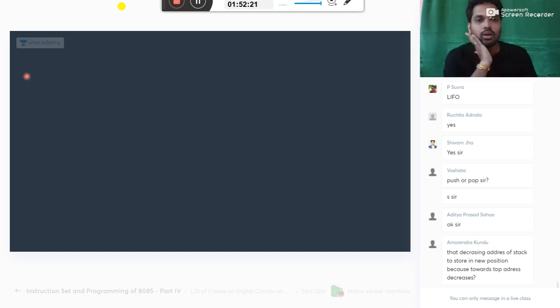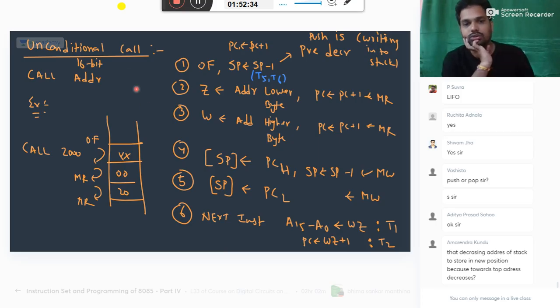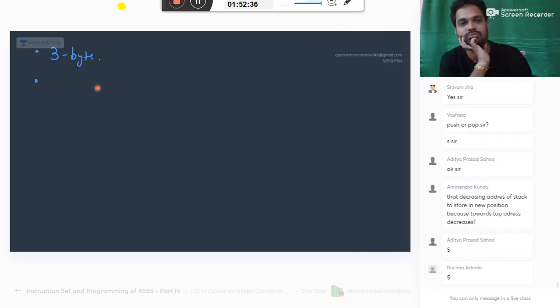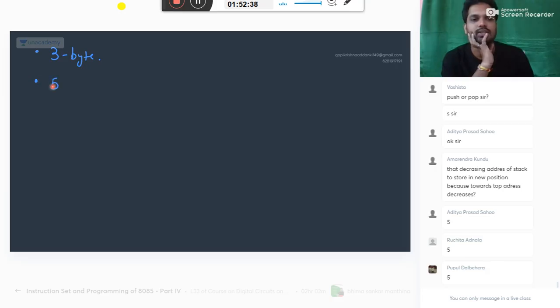Now, how many byte instruction? It is a 3 byte instruction. Next, how many machine cycles? 1, 2, 3, 4, 5. 5 machine cycles: opcode fetch, two memory reads, two memory writes.